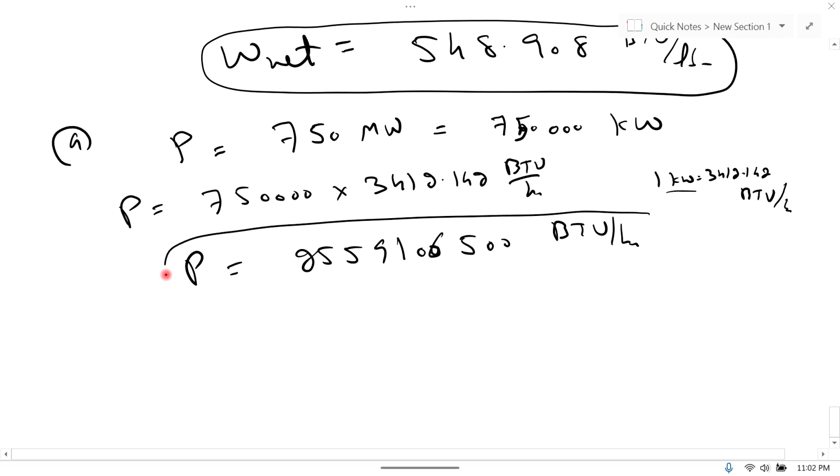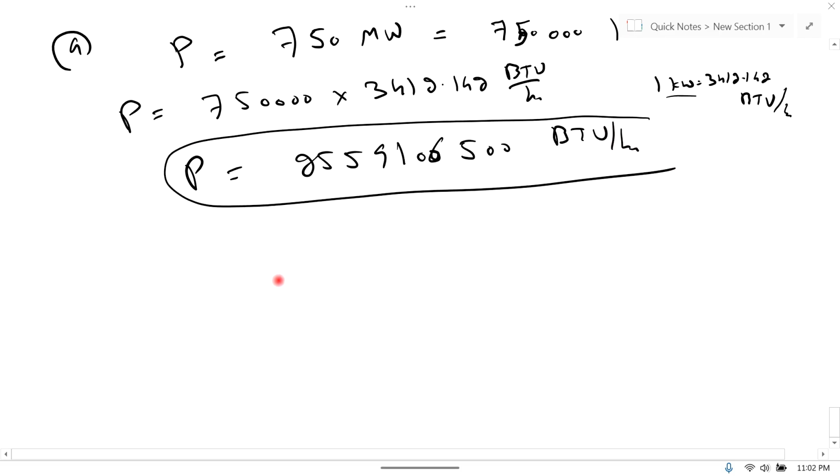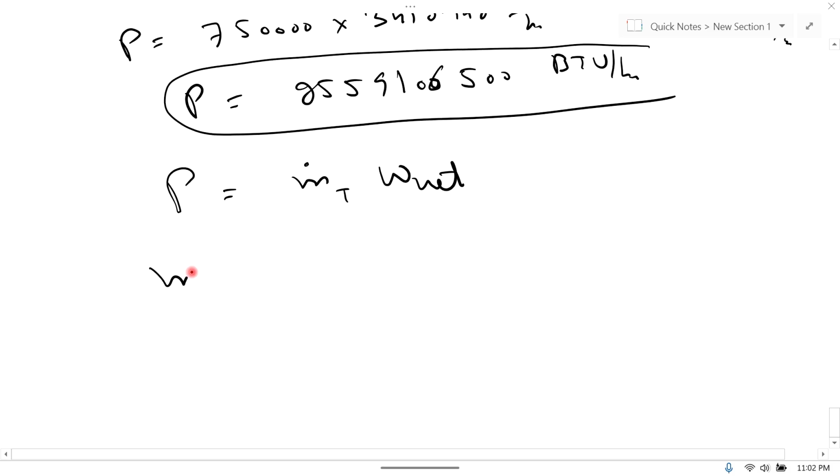Now we can find m dot of turbine. Power is equal to m dot of turbine multiplied by net work. So m dot T is equal to power divided by net work.